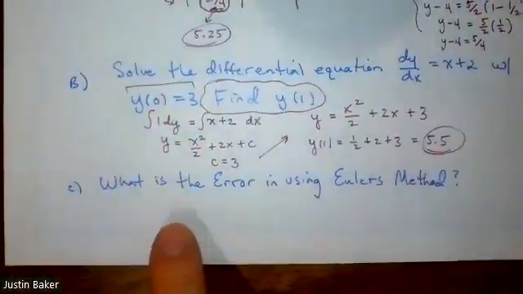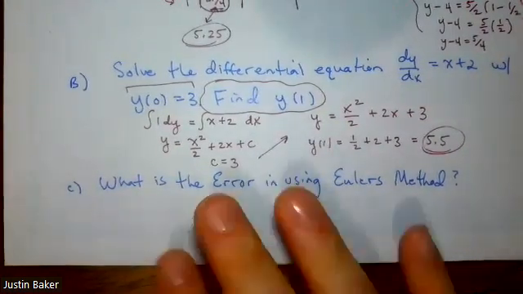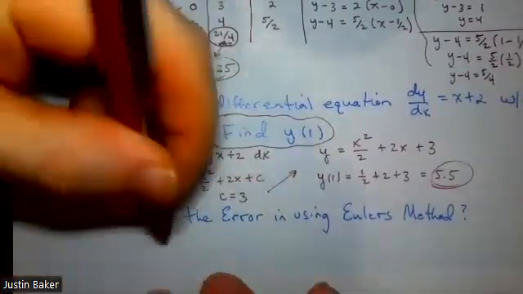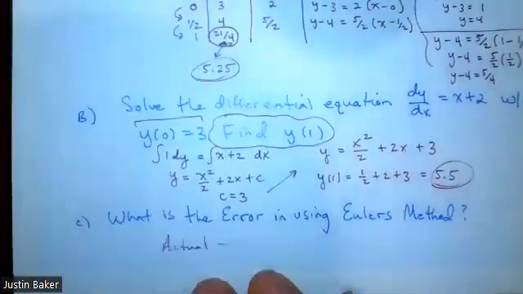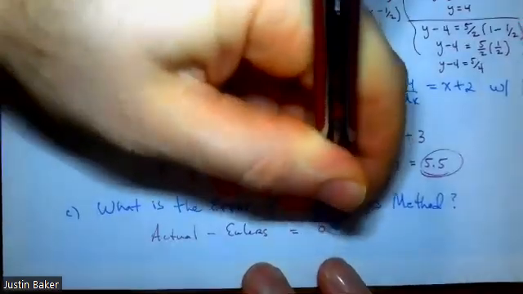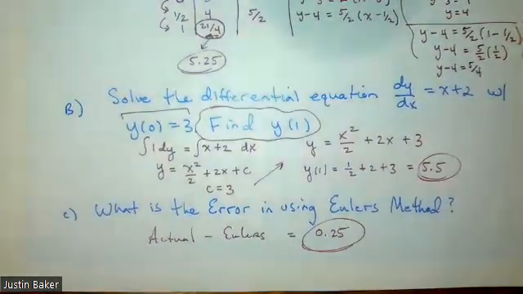The question asks, what is the error in using Euler's method? If you're looking for the error between the two, all we're going to do is take the actual answer minus the one from Euler's, and that should give us 0.25, which is how far we were off between those two answers.